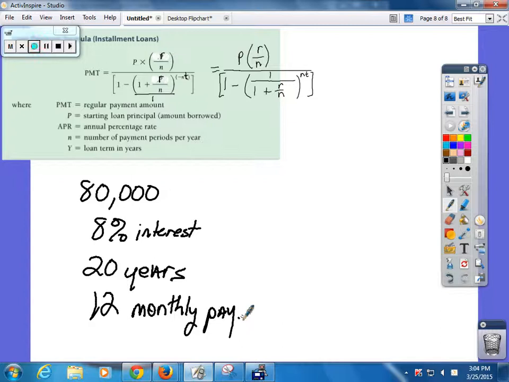See how much that house is really going to cost. Point zero or 0.08.